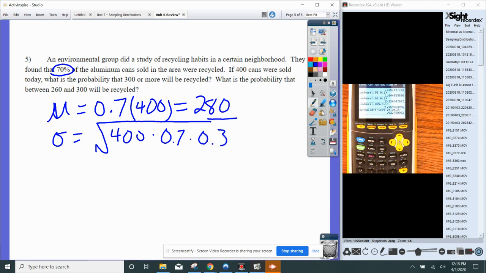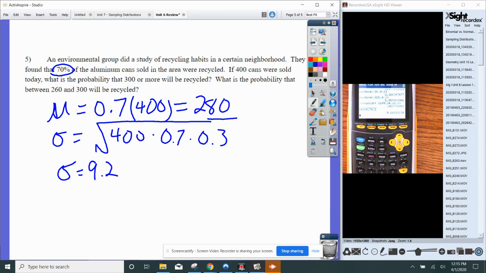Then we're going to take the square root of all that, and that's going to give us our standard deviation. So I'm doing that on my calculator, square root of 400 times 0.7 times 0.3, so 9.2.